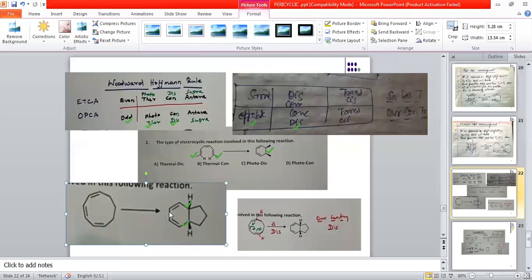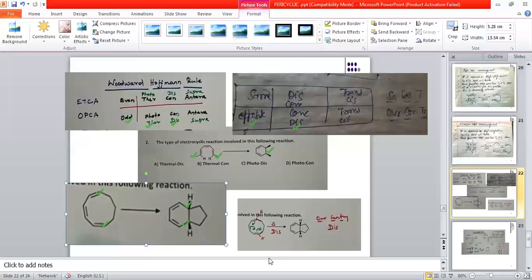Now we have to see the number of carbons. We have to imagine that this compound will break down from this side. You can see 1, 2, 3, 4, 5, and 6. Suppose this is carbon 1 and this one is carbon 6. The compound is separated into a bicyclic ring.